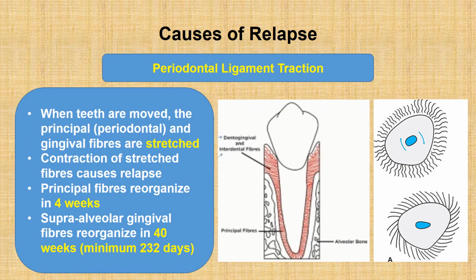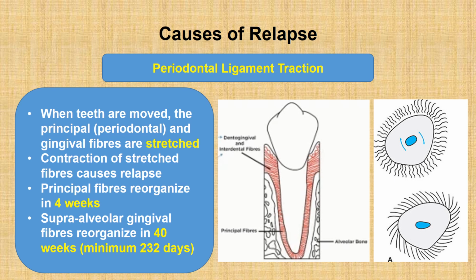Okay, now what causes relapse? Now, one is a periodontal factor. Now, when teeth are moved, the periodontal fibers and gingival fibers are naturally stretched. Now, contraction of the stretched fibers tends to cause relapse of the teeth.